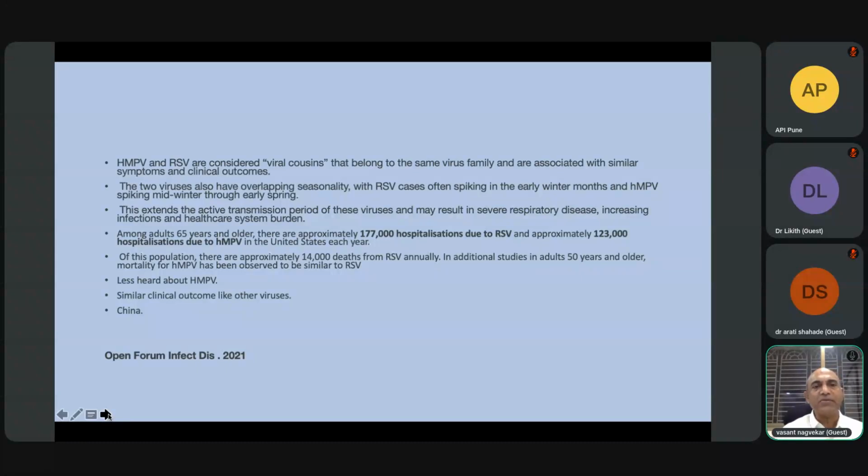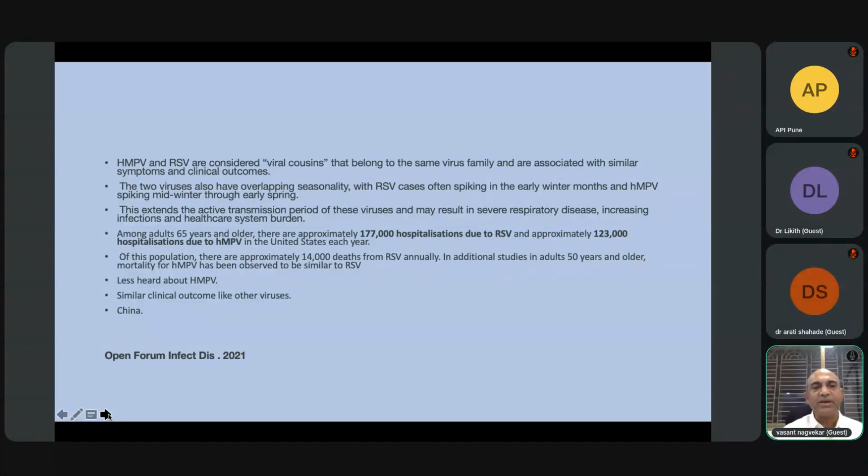The two viruses have overlapping seasonality, with RSV cases often spiking in the early winter months and HMPV spiking in midwinter through early spring. So one virus always dominates, and we will see in one of the slides how each virus dominated during its season. This extends the active transmission period of these viruses and may result in severe respiratory disease, increasing infections and the healthcare system burden.